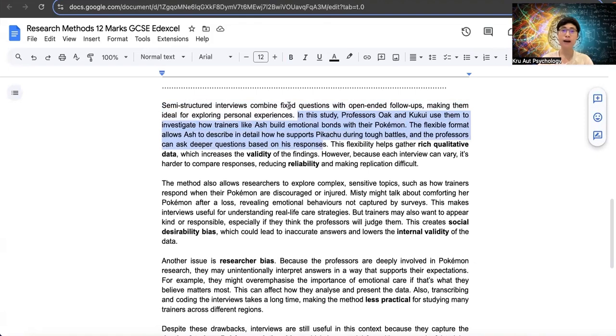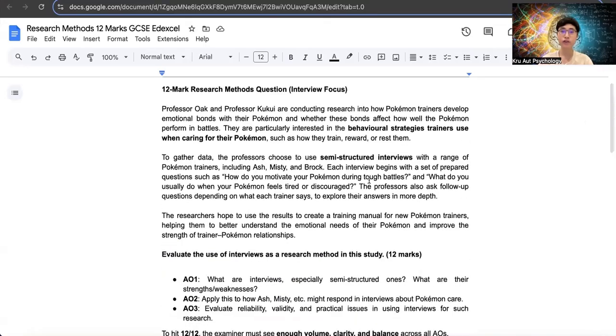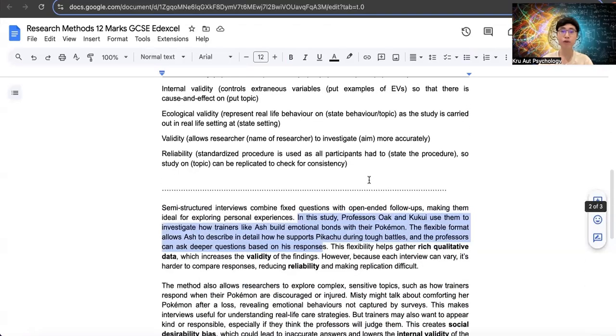So yeah, fixed and open is not that related to what I said earlier about structured or unstructured, sorry. But it does cover both. And we can say that in this Pokemon scenario, they used both. Or we can even put in an example of a question that they had, but that might make the answer a bit long. So there we go, that's AO2, linked from AO1.